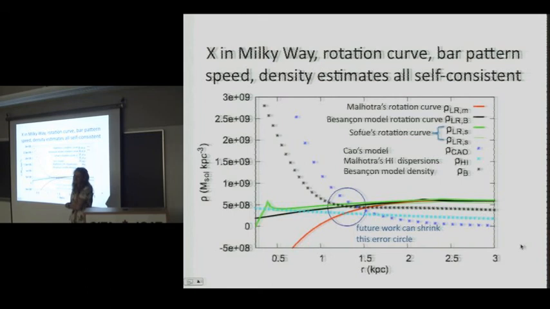So which of these curves should we believe? Okay, so some of them, like Malhotra's rotation curve, didn't actually have any points in the center of the galaxy, so it's totally extrapolated. Sofue's rotation curve, he's compiled lots and lots of data, so that one's not too bad. Those are the green. And for Sofue's, I actually plotted what if we had a 2% error in the bar pattern speed, and those are those two lines.